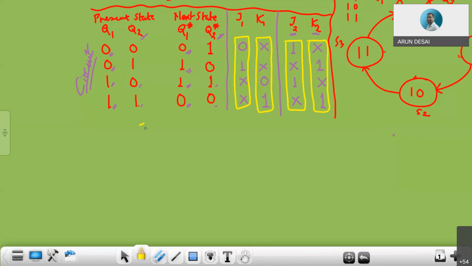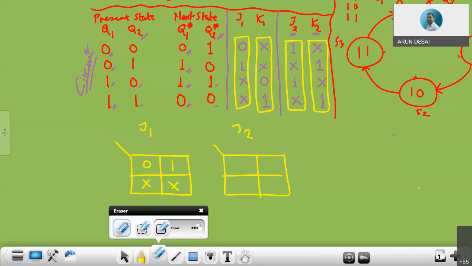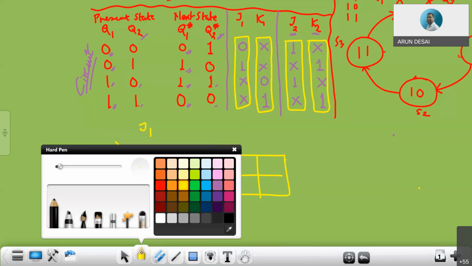Therefore, if my J1 is like this, right, so 0 1, don't care. Now for J2, oh sorry, this is K1.